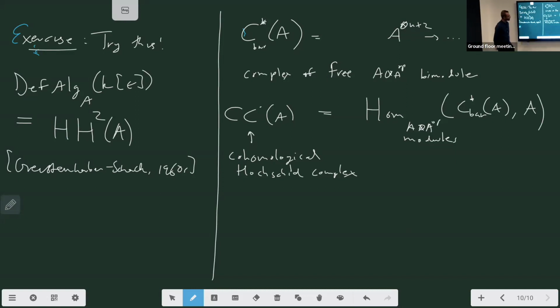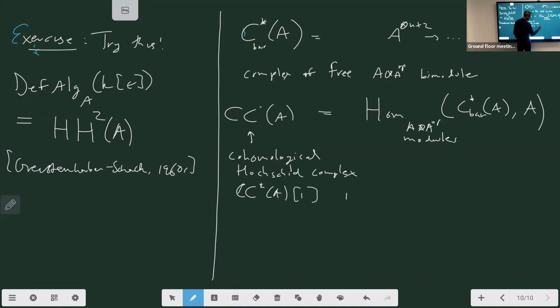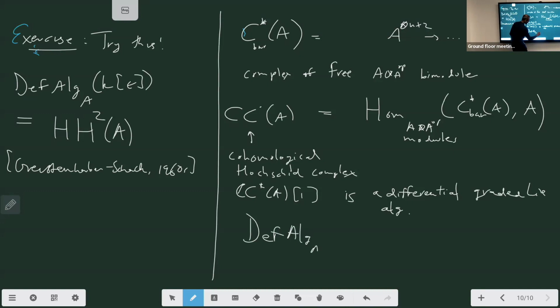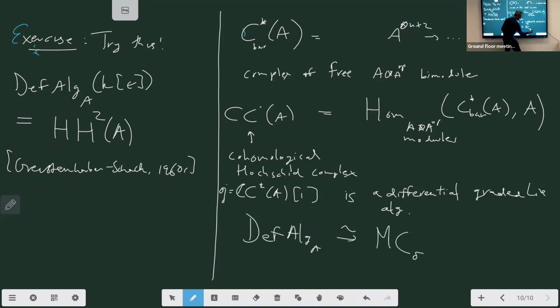The cohomology groups of this complex are called the Hochschild cohomology groups. But this complex is a differential graded Lie algebra, if you shift it by 1. And this Def-Alg of A is just isomorphic to, let's call this guy g, the Maurer-Cartan of g.